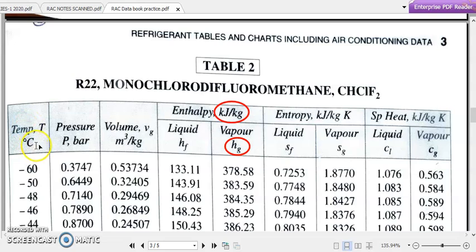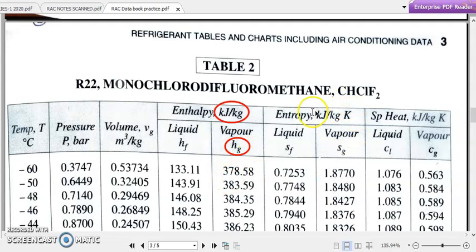The first column is the temperature in degrees Celsius. The second column is the pressure in bar. Then the specific volume in meter cube per kilogram, which means volume by mass. The fourth column is for enthalpy, the H values, in kilojoules per kilogram, with separate values for liquid state and vapor state, that is Hf and Hg values.